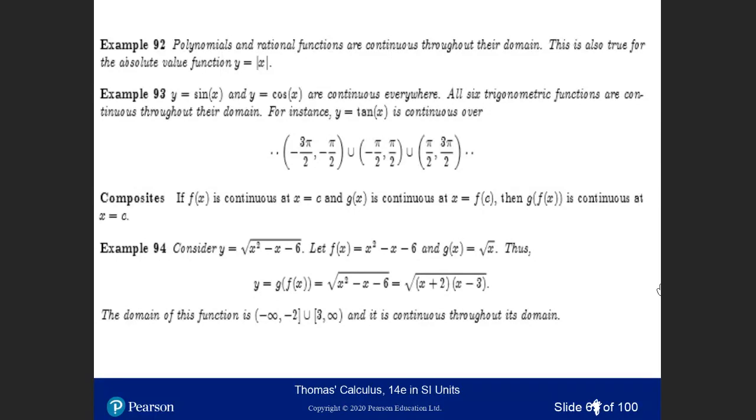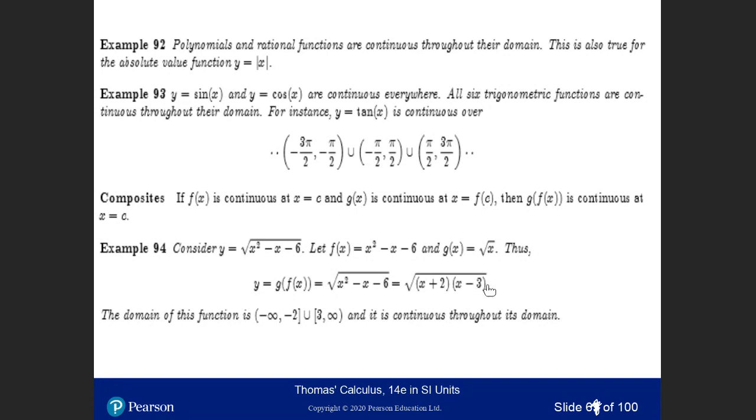Okay, let's consider a composite function. y is equal to square root of x squared minus x minus 6. Now let f of x be x squared minus x minus 6, and g of x be the square root. So y is equal to g of f of x. Now I can factorize this as x plus 2 and x minus 3.